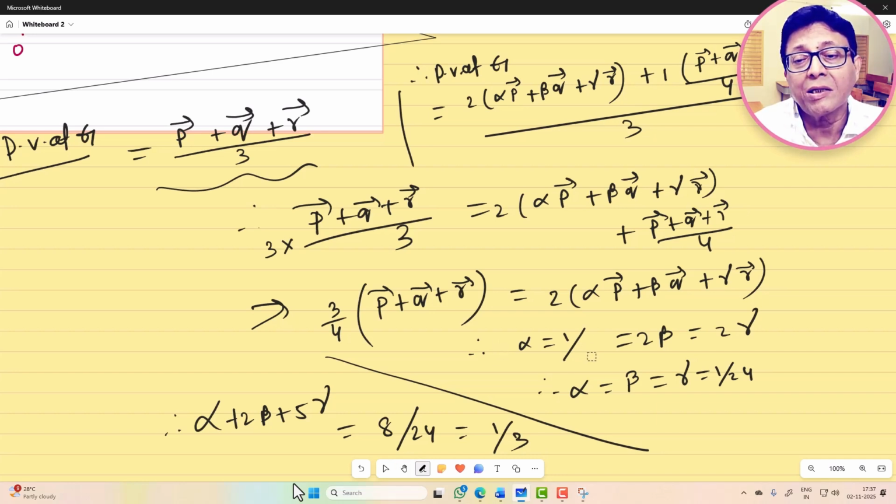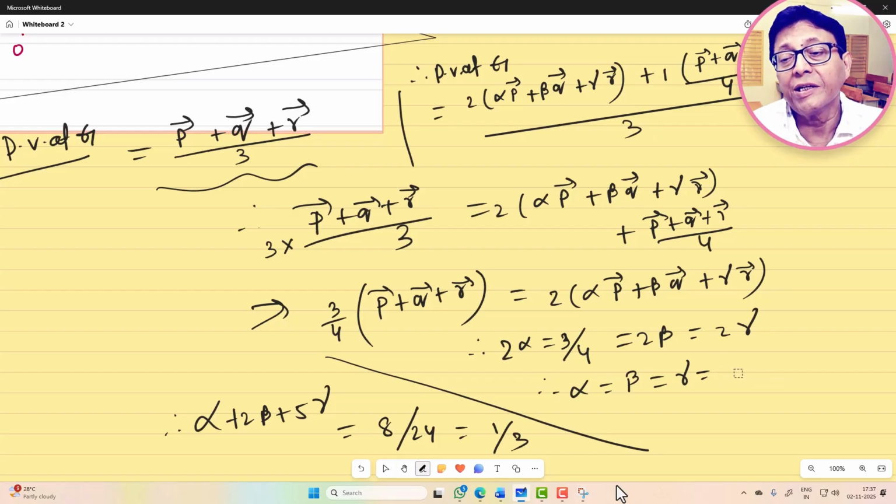Alpha is going to be 3/8. Isn't it? 2 alpha, 2 beta and 2 gamma all are going to be 3/4. So they all are going to be 3/8. Isn't it?